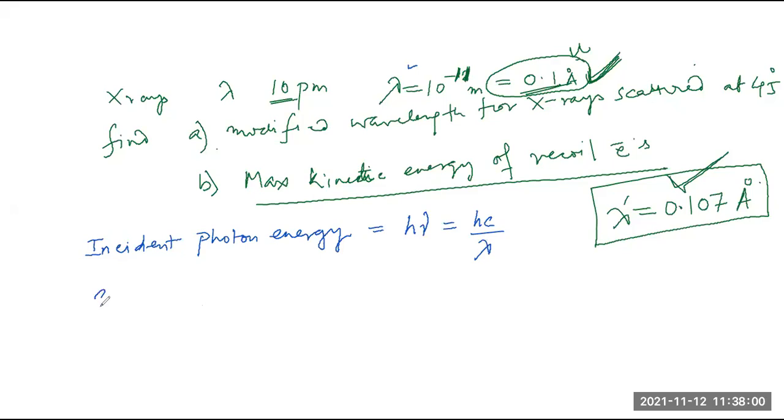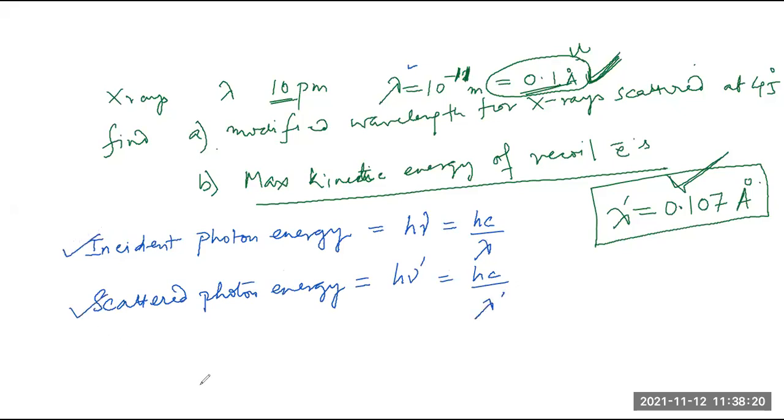What is the scattered photon energy? h nu prime, that is hc by lambda prime. So this is the energy of the incident photon, and this is the energy of the scattered photon. So what will be the recoil energy of the electron?